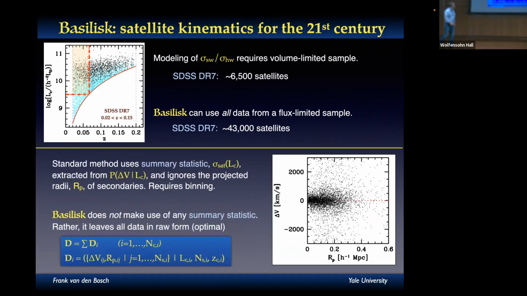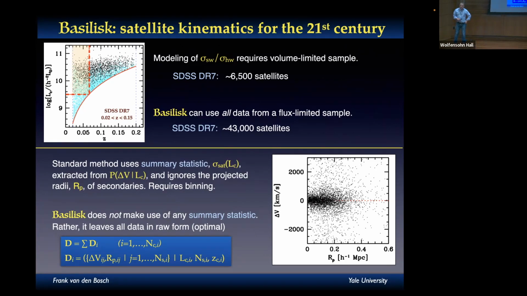Most importantly, though, what we do differently is that the standard method stacks galaxies and then uses this summary statistic, sigma sat as a function of luminosity. So from the entire data, you end up with 10 data points. And basically, you're only using the velocity dispersion of your PDF, what we talked about earlier. Plus, you require binning, and binning is sinning, and why would you do it? So what Basilisk does, it doesn't make use of any summary statistic.